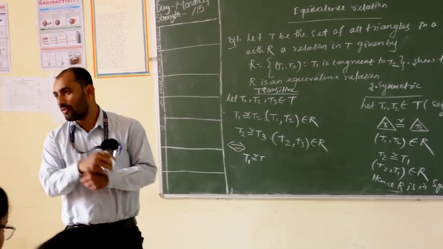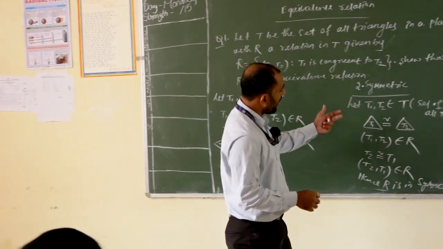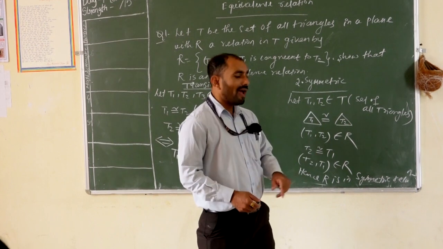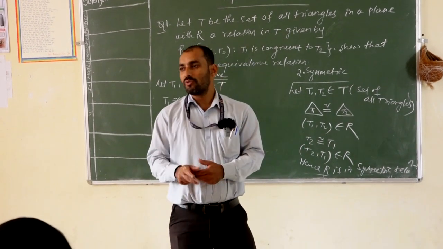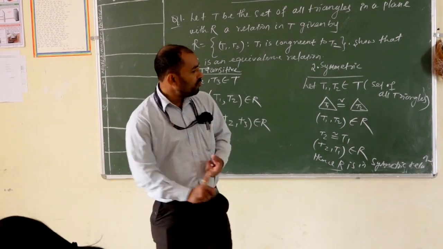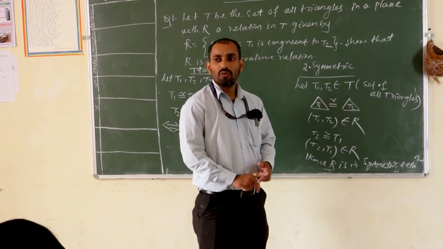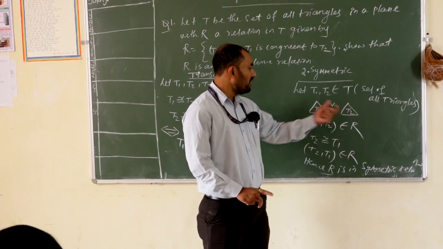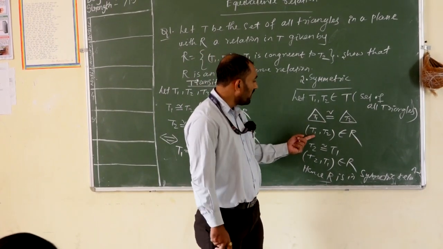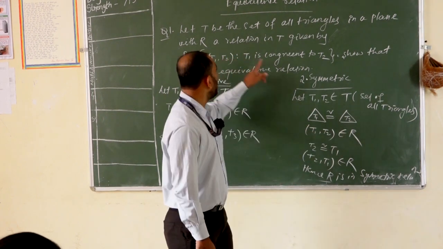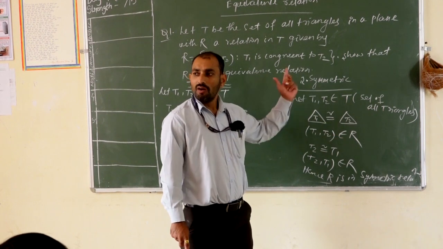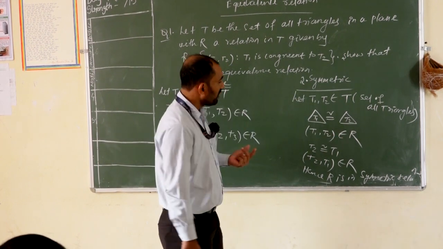We can take any two triangles, and these two triangles are congruent to each other, by any of the rules, SSS, SAS, RHS, whatever it be. You find out that T1 is congruent to T2. If T1 is congruent to T2, then T1 and T2 belong to this relation R. Clear?